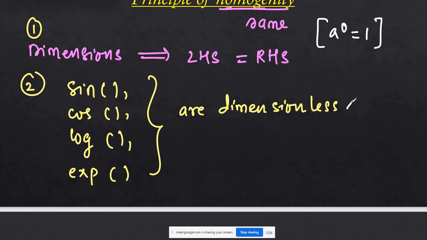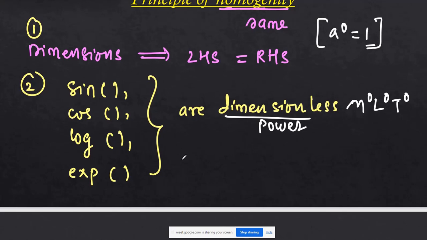M power 0, L power 0, T power 0. So what will be the value if it is dimensionless? It will be 1, because a power anything is 1. You have studied this in maths.